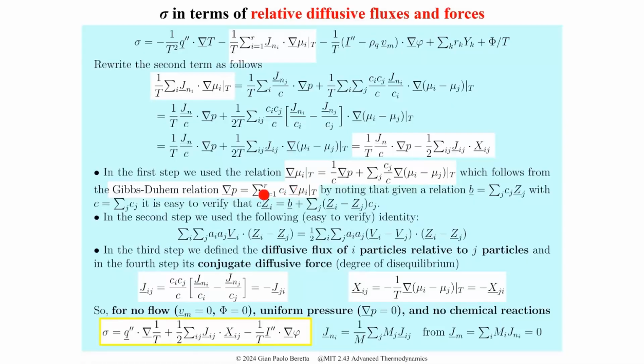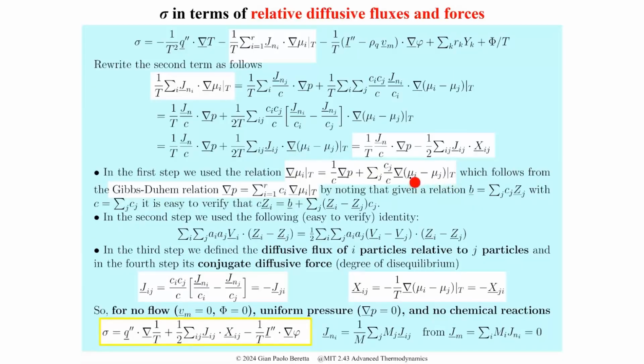Now I'll let you play with the math. Here it explains how, if you have a relation like this, you can rewrite it in this other form. It's just playing with summing and subtracting zeros. And the good thing is that now the right-hand side of this expression has differences between chemical potentials.